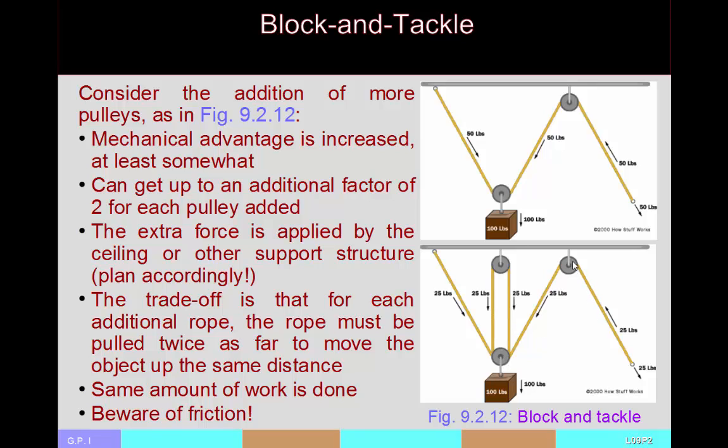So your force times distance, whereas your force is halved, your distance is doubled, and so the amount of work done is the same. And of course, if there's friction in this system, then that's going to reduce the mechanical advantage and increase the amount of work that you have to do in order to lift the block.